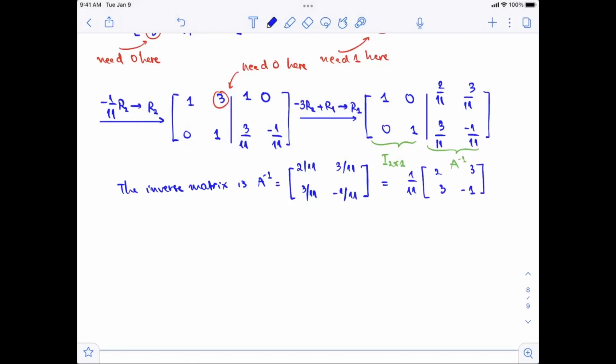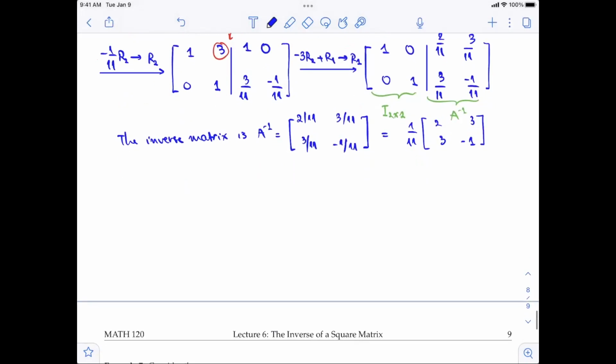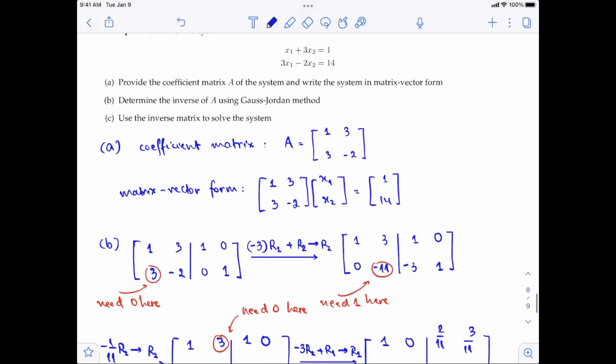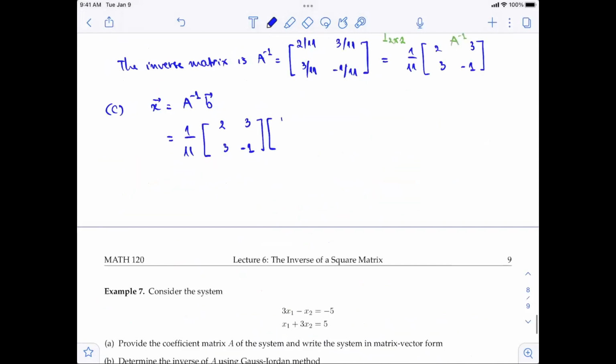All right. And we're going to use this inverse matrix to solve the system. Remember, because A is invertible, the system has a unique solution, and the unique solution is of the form x equal to A inverse times B, where A inverse is 1 over 11 times 2, 3, 3, negative 1, times B, the column matrix 1, 14.